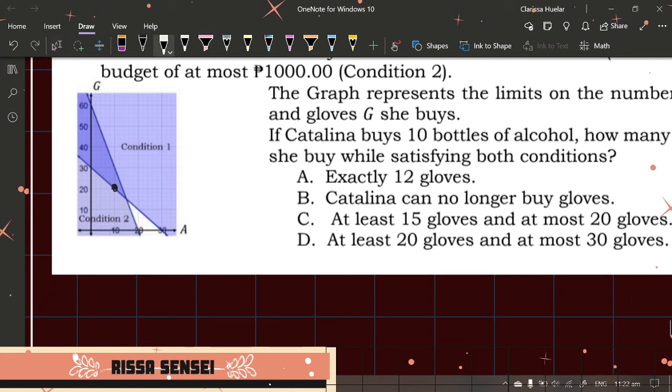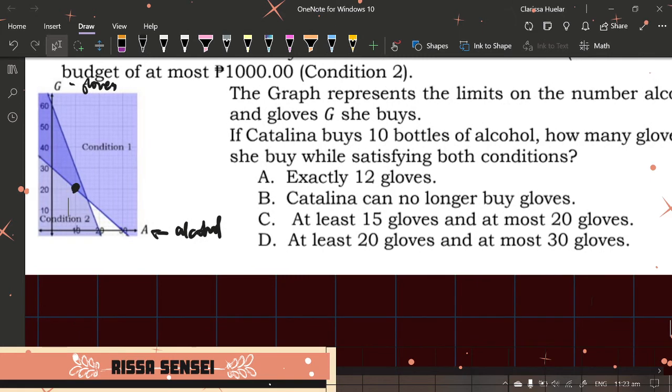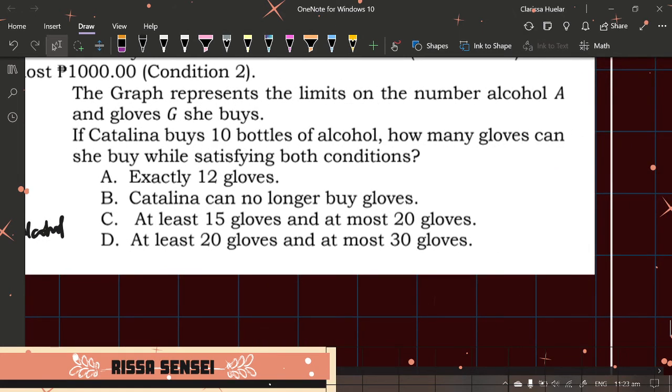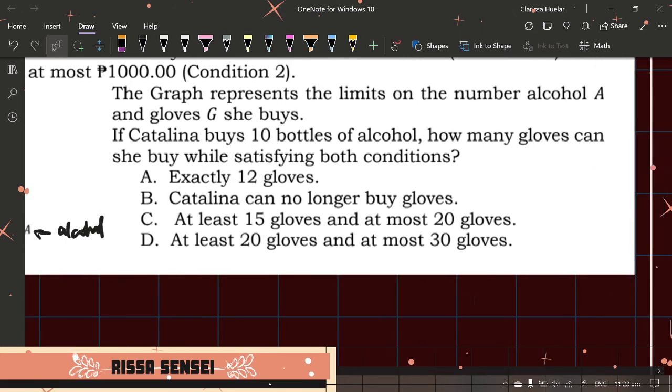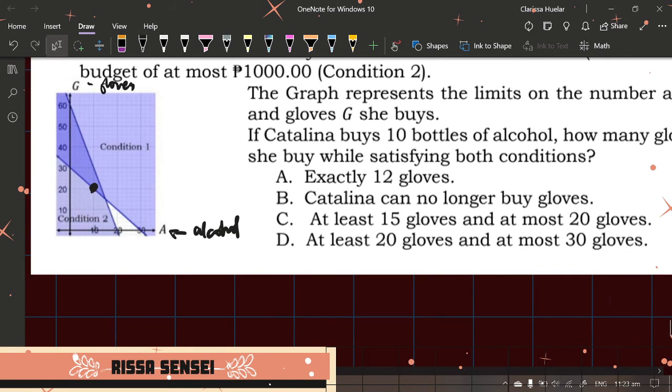So, yung A, this is for the alcohol. Tapos yung G, yung vertical line, is for the gloves, number of gloves.